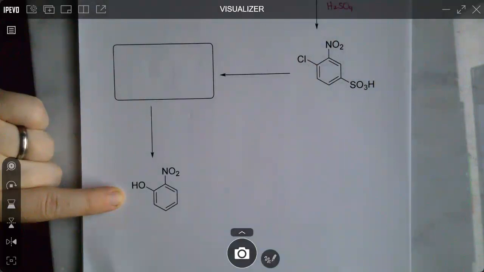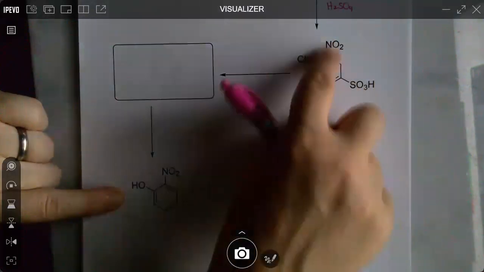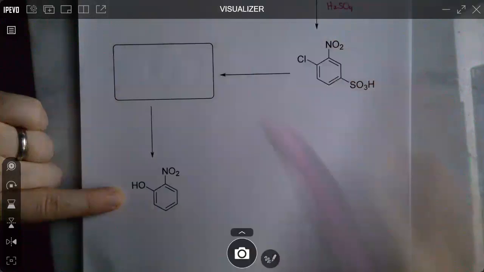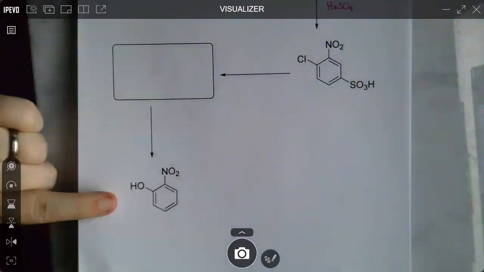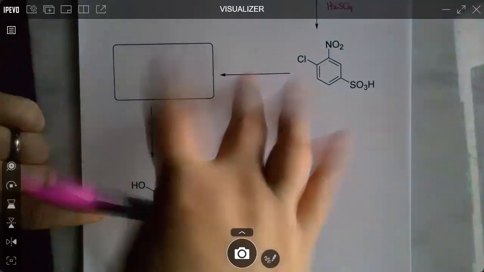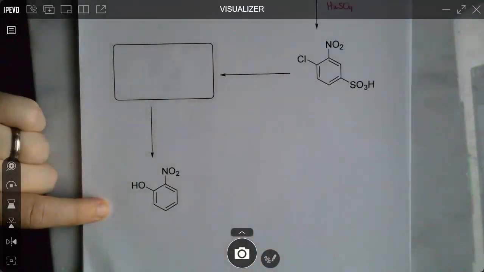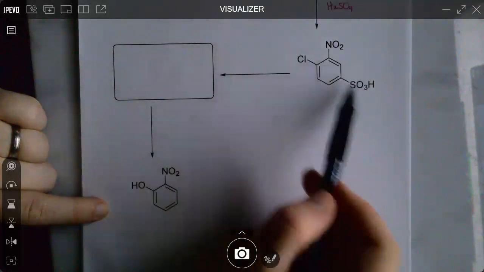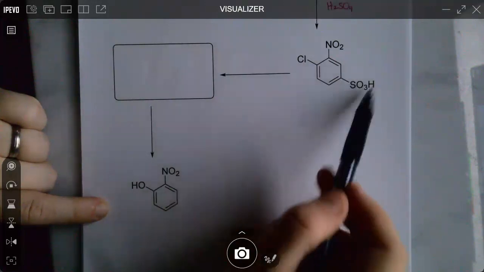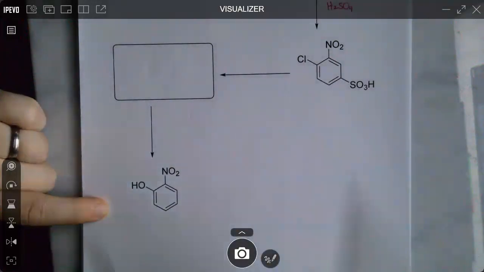Or alternately, we could remove it first, and even just having the one nitro group ortho to the chlorine would be sufficient. So either really these two reactions could potentially be swapped. But I think it makes sense to do the nucleophilic aromatic substitution while this is in place, because it will only make the reaction faster, and then remove it in the last step.